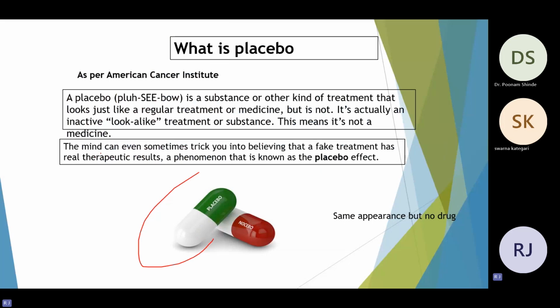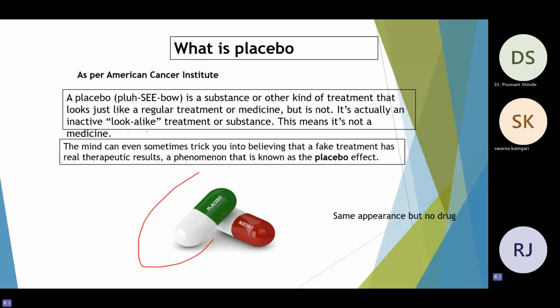Okay, so to cancel out that mind trick, to minimize that psychological effect, we use this placebo drug. For some subjects we will give the placebo, for some subjects we will give the actual treatment. Then we'll try to measure the real outcome. That's why we use the placebo in a clinical trial.